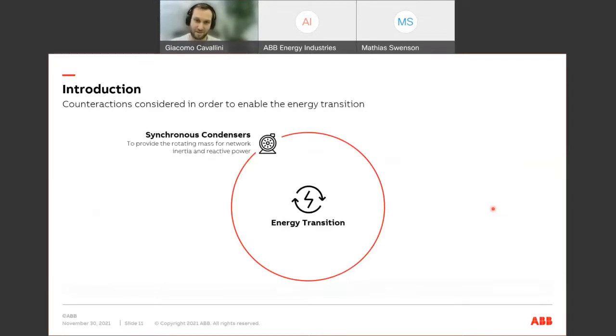So there are different activities to counteract those challenges in the grid. One of them is, for example, the increased demand for synchronous condensers in the grid that can provide those rotating masses and this high and fast fault current contribution to the network. At the same time, there is also an increased demand for peak shaving applications.